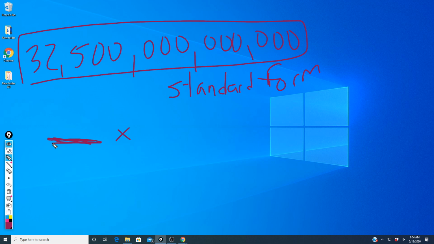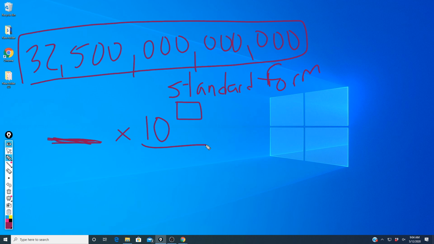So talk about this number that was in standard form. Just remember, it's taking two factors that you see right here and making it easier to write.